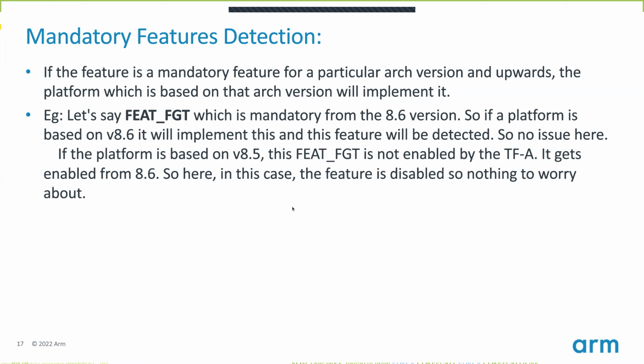If the platform is based on 8.5, then FGT will not be enabled by the TFA, because there'll be a one-to-one match between the platform and the TFA build we will be building. So usually there'll be no issues, and we don't find any issues with detecting the mandatory features.